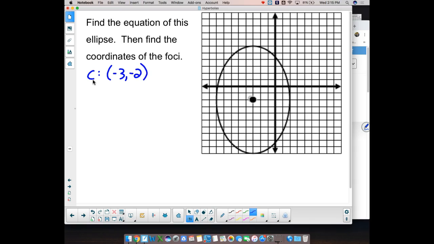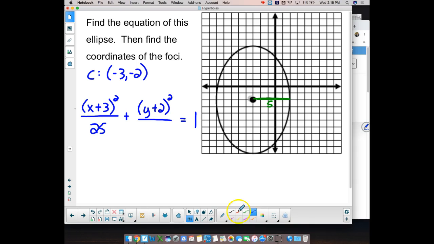Okay? So it's going to become x minus negative 3, quantity squared, all over something, plus y minus negative 2, quantity squared, all over something, equals 1. We just got to find that something. So I'm going to go over here and say that distance right there is 5, which means this down here is 25, because that's that distance squared.